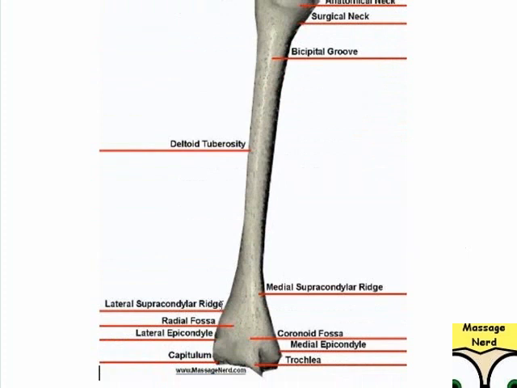lateral supracondylar ridge right here, medial supracondylar ridge right here, radial fossa, lateral epicondyle, capitulum right here, coronoid fossa right here, medial epicondyle right in this region, trochlea right here.